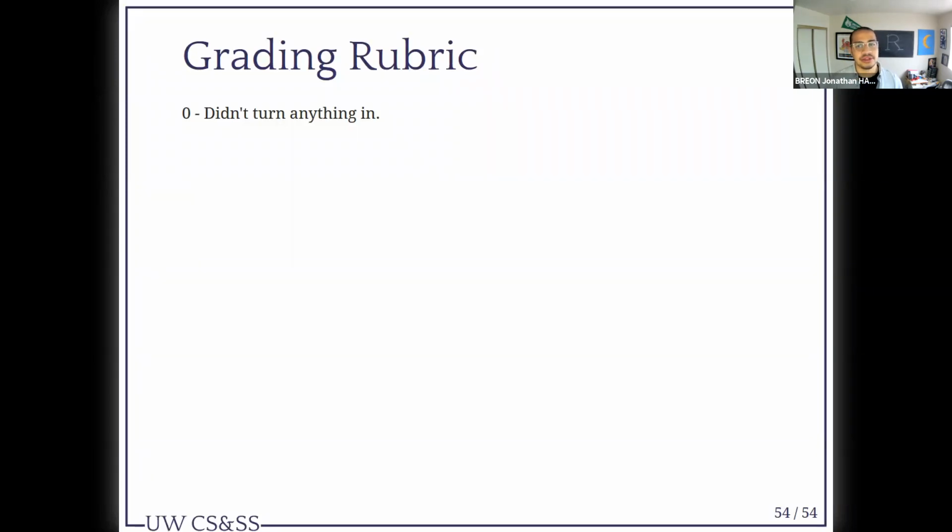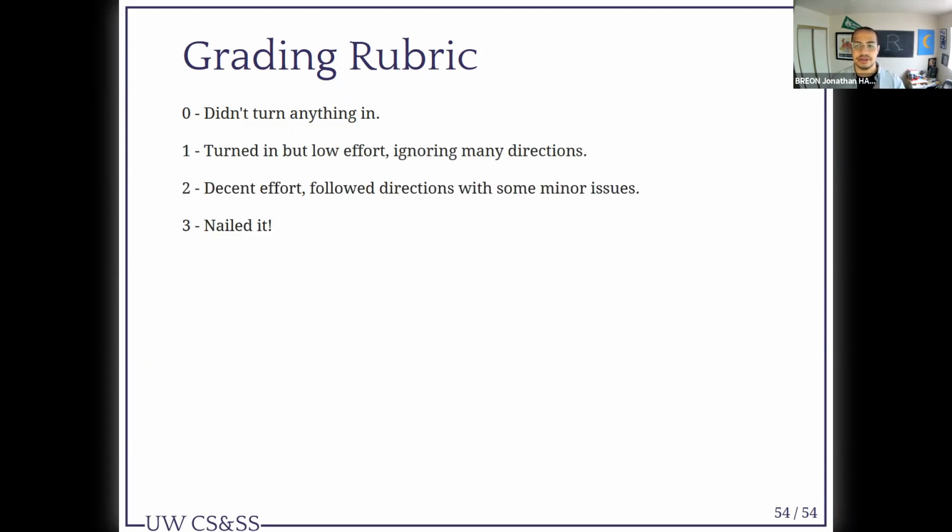The following week, you're going to be getting your peer reviews in, and this is the grading rubric with which you're going to grade. 0 is the person that you've been assigned didn't turn in anything. That's a 0. 1 is they turned in something.